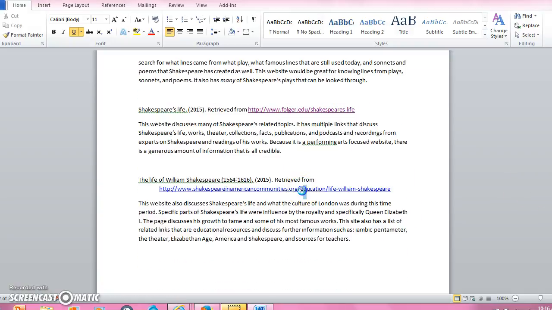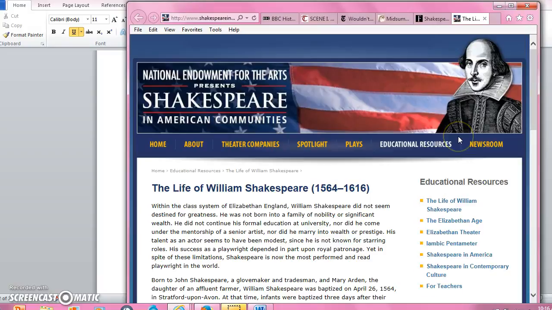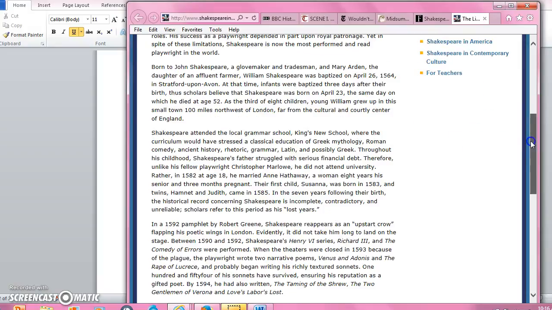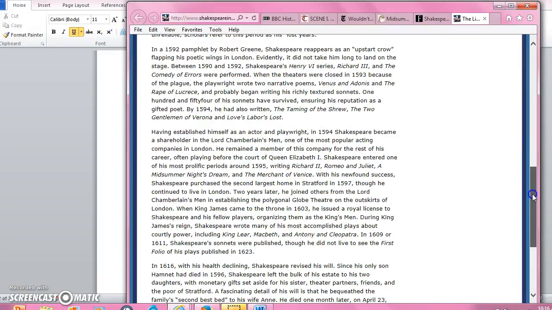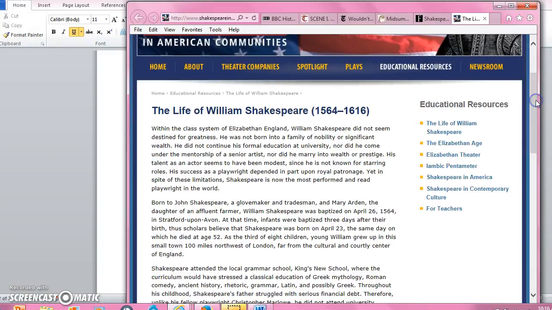And then our last website here. Okay, so this is also the life of William Shakespeare. I know I gave you a lot of information on that, but it's because of the links over here that I really like this. This actually breaks down iambic pentameter, which I know some of you struggle with understanding, so that would be a great source for that.